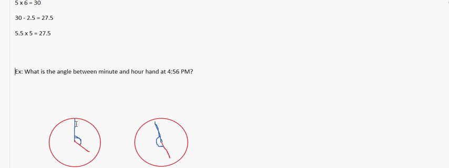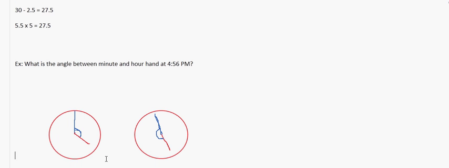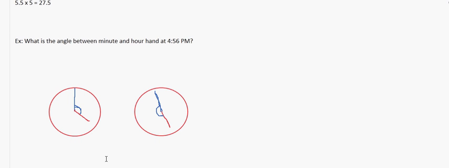So at 4 p.m., the angle between the minute and hour hand is what, right? At 3 it's 90, right? And at 4 it would be 90 plus 30, which is equal to 120, right?